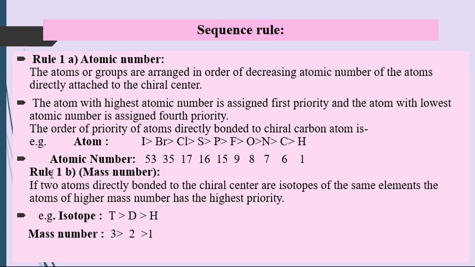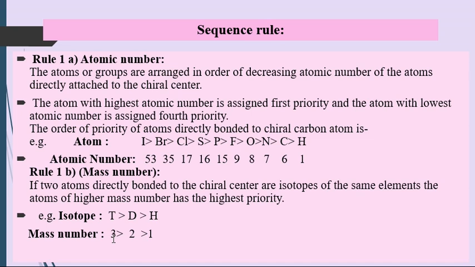Then rule 1b: if the directly attached atoms at the chiral center are the same, that is, two atoms directly bonded to the chiral center are isotopes of each other, isotopes of the same element, the atom of higher mass number has higher priority. For example, hydrogen has three isotopes: tritium, deuterium, and hydrogen.